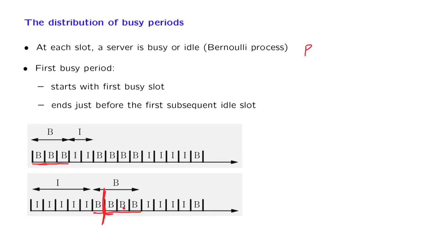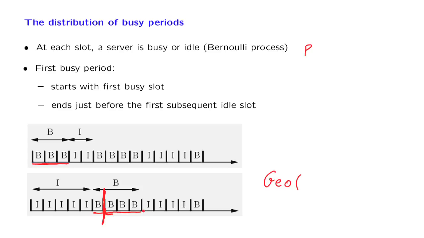At each time step, there is probability 1 minus p that the slot is idle. Think now of idle slots as successes. How long does it take until the first success? We know that this is a geometric random variable with parameter equal to the probability of success.